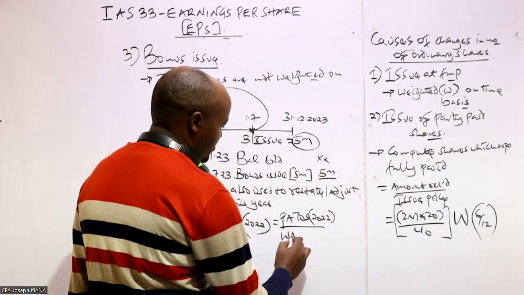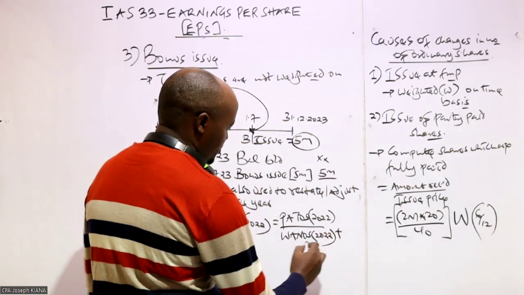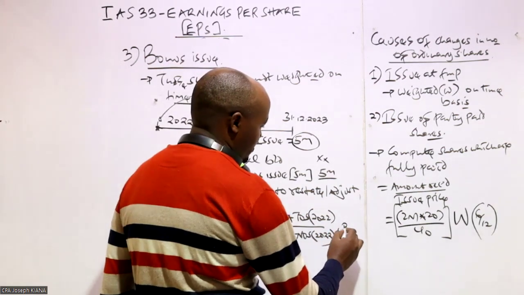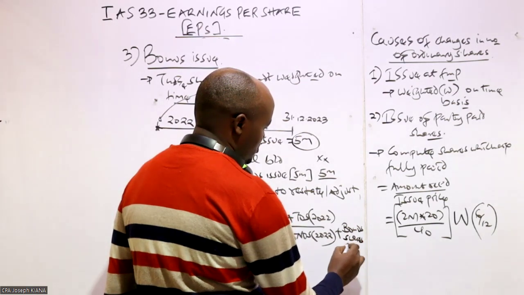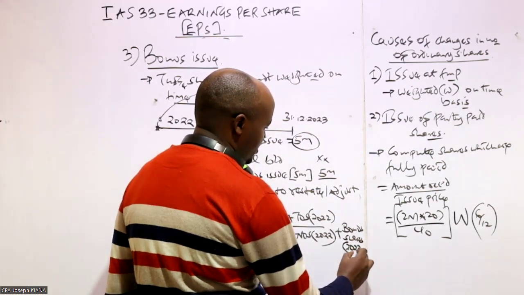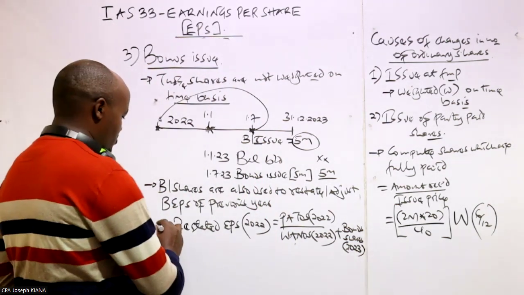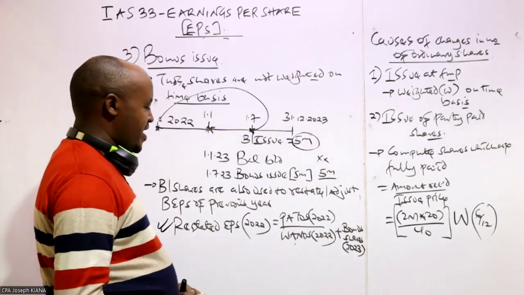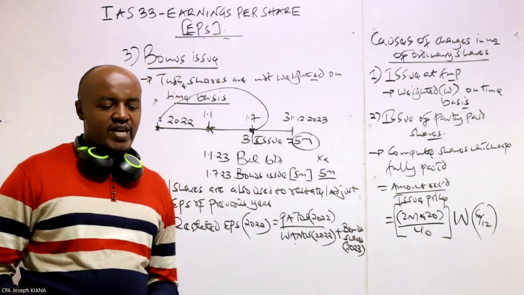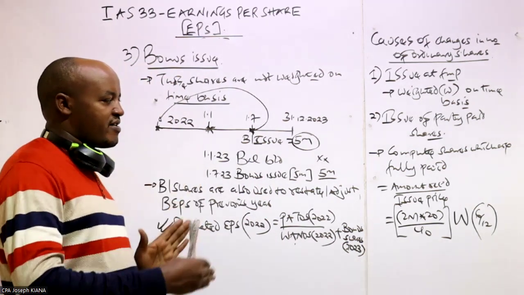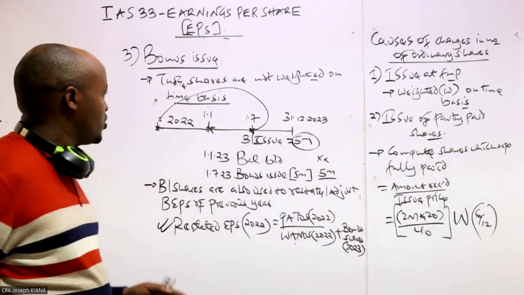We divide that by the number of ordinary shares for 2022, and then to this number of shares, we add the bonus shares, which were issued in the year 2023. This is basically how we compute the adjusted or restated earnings per share for the previous financial year, anytime we have some bonus shares which were issued during the current financial year.